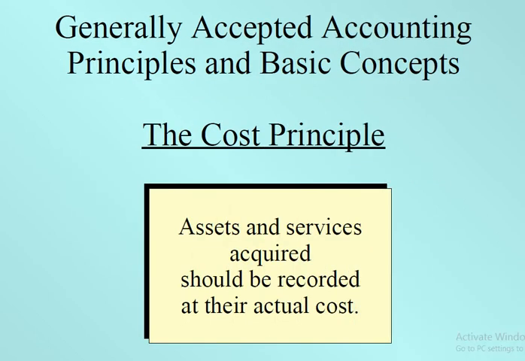The cost principle is, with this stable dollar assumption, something I recently explained a little bit. Assets and services acquired should be recorded at their actual cost. If you bought a building for 20 lakh in 2020, you cannot change the price in 2021.